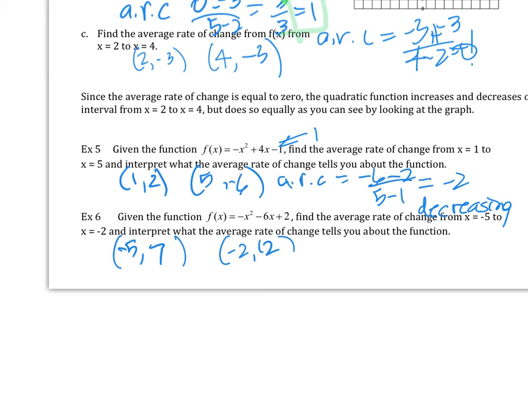So here we go, the average rate of change. 12 minus 7 over negative 2 minus a minus 5. What do we get? We get 5 over 3. What does that tell us? It tells us it's increasing.